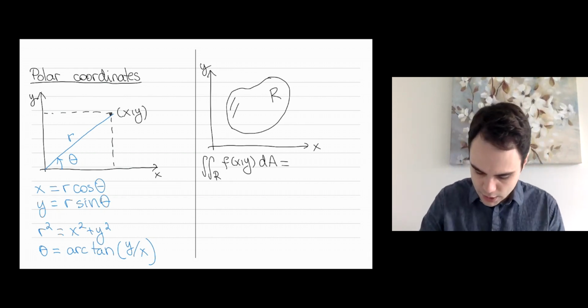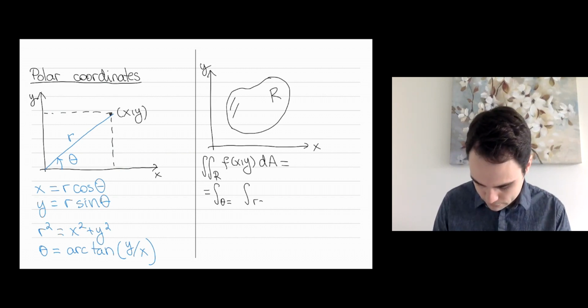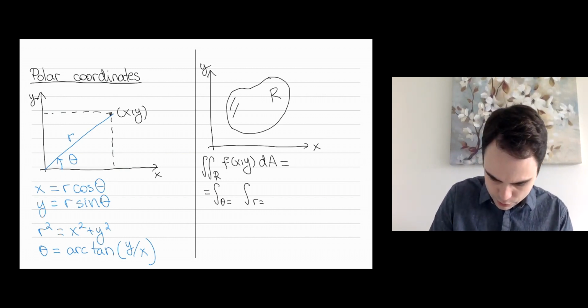The integral is going to look like this. We can do it as a double integral with respect to r and theta rather than x and y. I want to be generous with space.